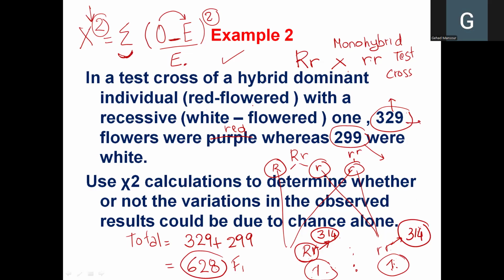So these two numbers and the ratio between them, which are the observed values and the observed ratio, are not consistent with the expected ratio.